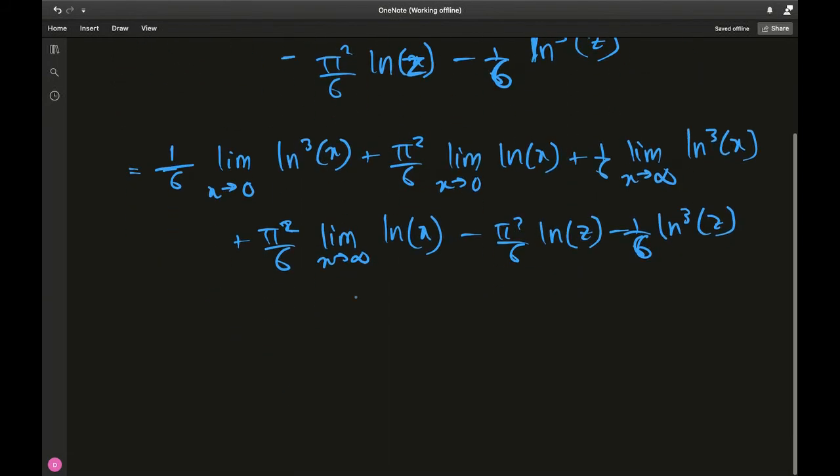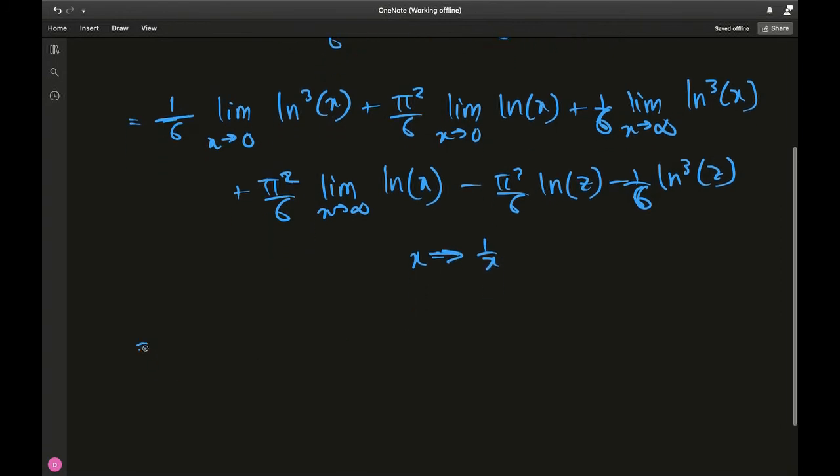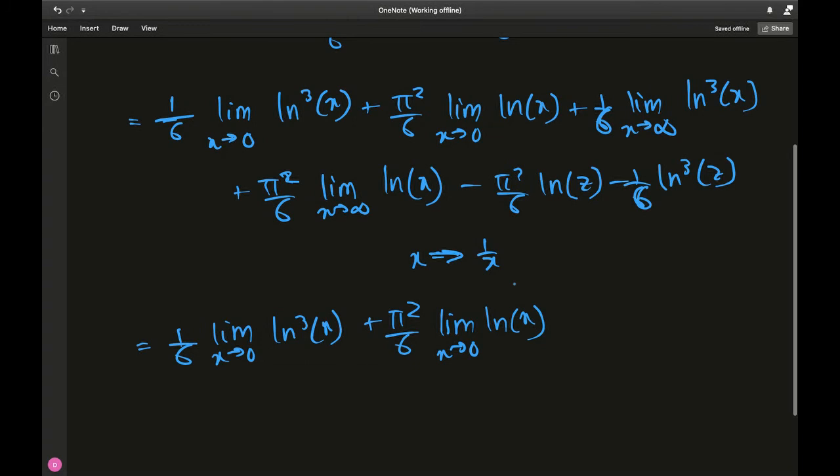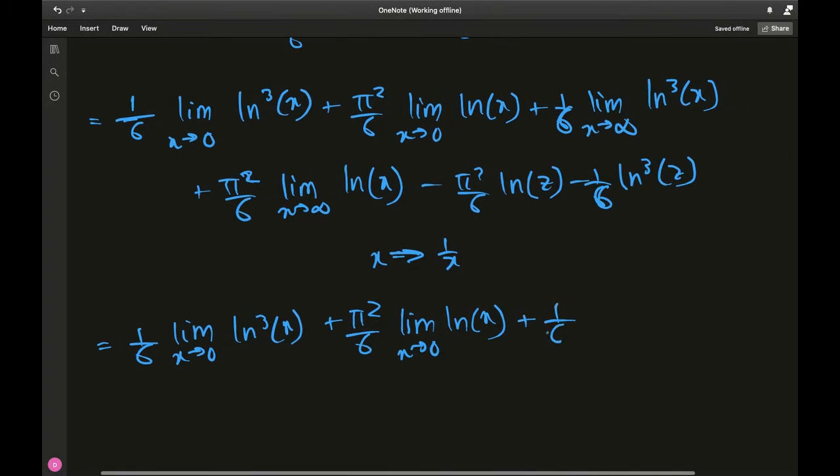Now I'm going to do a nice trick over here of making a substitution in the limits. So for all these infinity limits, let x be transformed to 1 over x. All the other 0 limits are as they are.